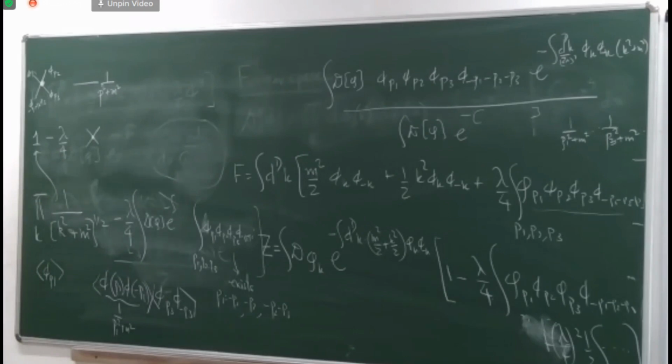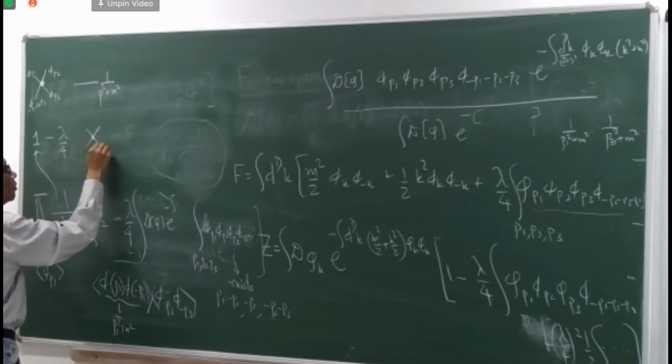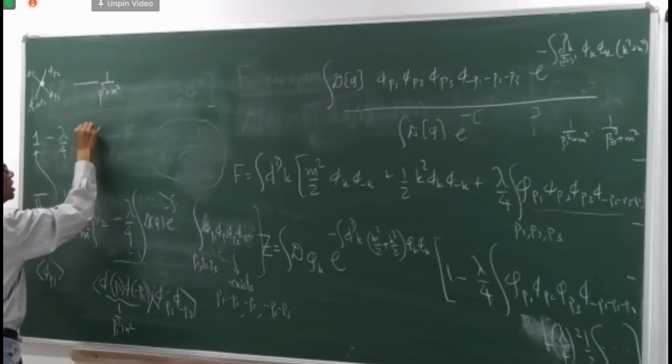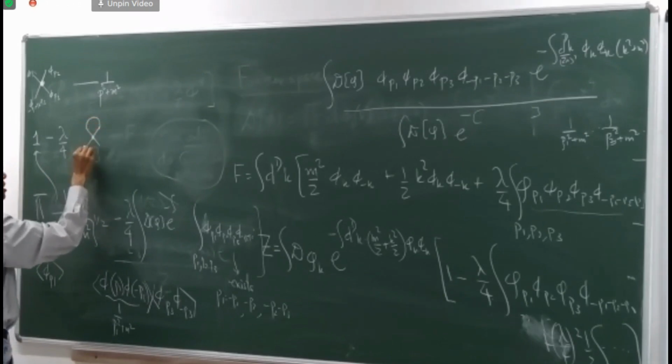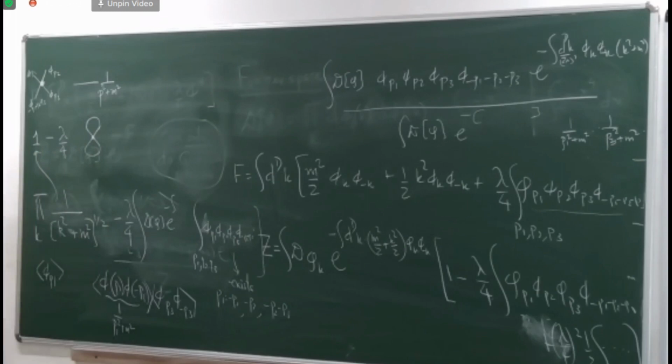And there is nothing else. So since there is nothing else, you have to connect. To get a non-zero thing out of this, I have to actually connect and do this over here. So that is the answer.